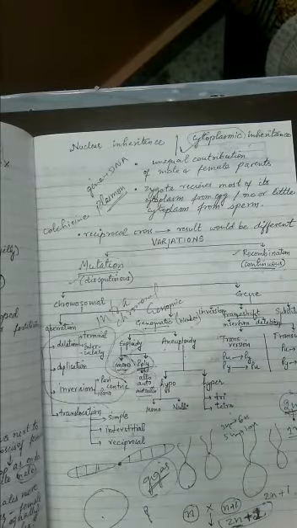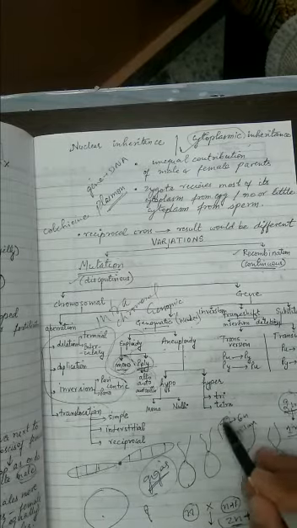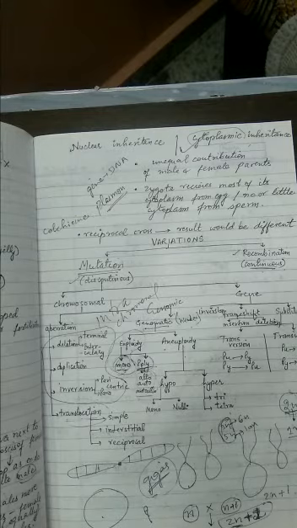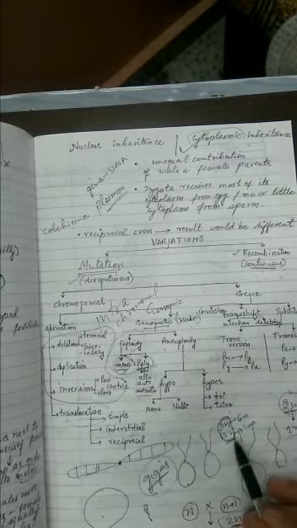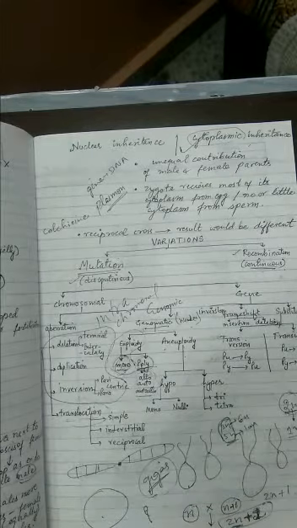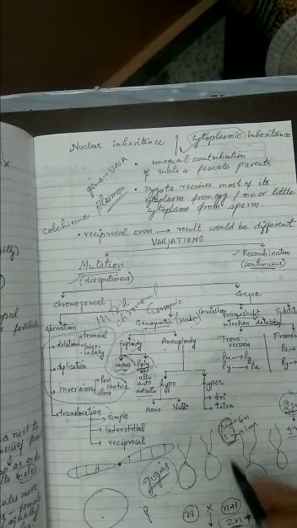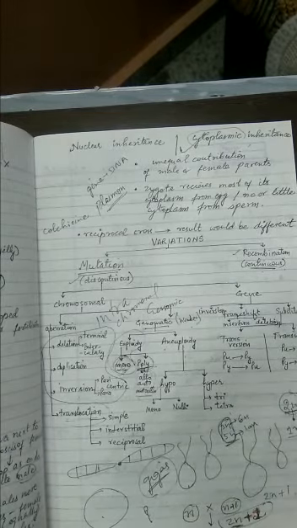If they are of odd number polyploidy, then they have to be grown by vegetative propagation, because sexual reproduction would not be possible. That's why, how do we grow banana? Vegetative reproduction. How do we grow pineapples? Vegetative reproduction, because they are of odd number polyploidy.